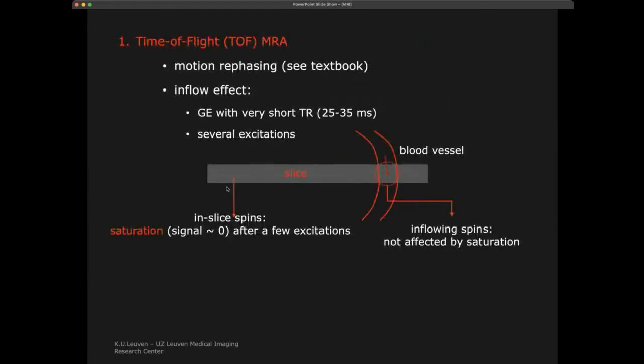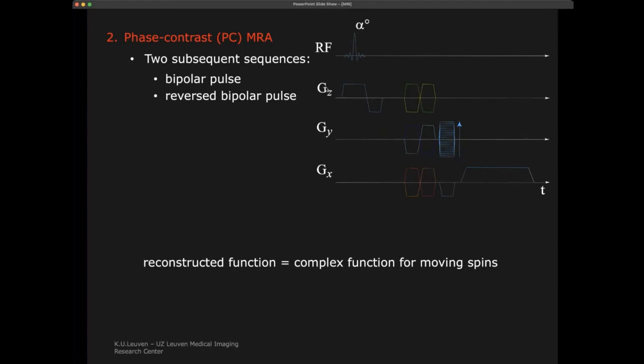So that's the principle: we select the slice, then we wait a certain period until the blood that was selected in the slice has moved out. Then we can, for example, invert the pulse, so we apply another 90-degree pulse, which now flips the blood that is there. So the idea is that we do flipping pulses after a certain amount of time.